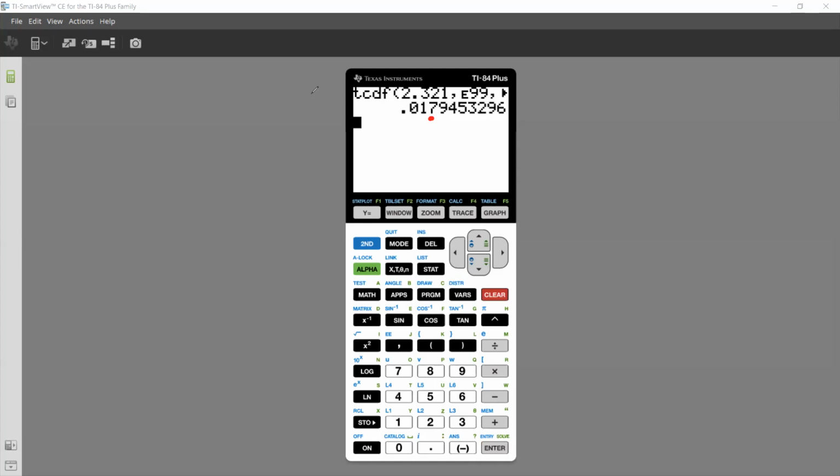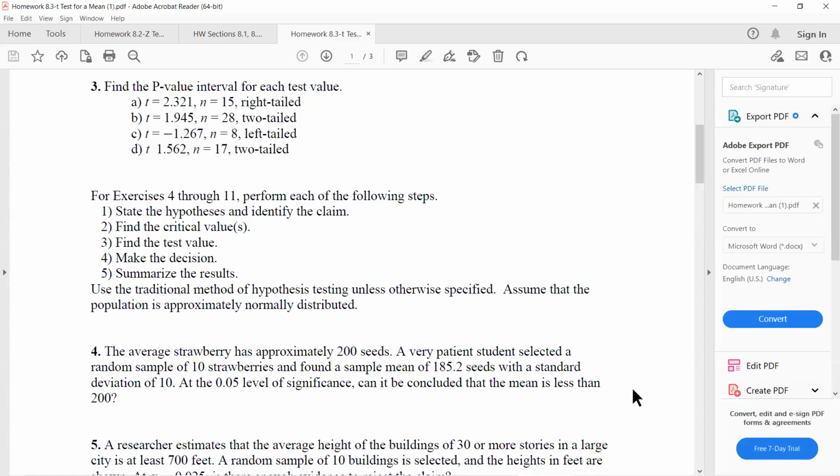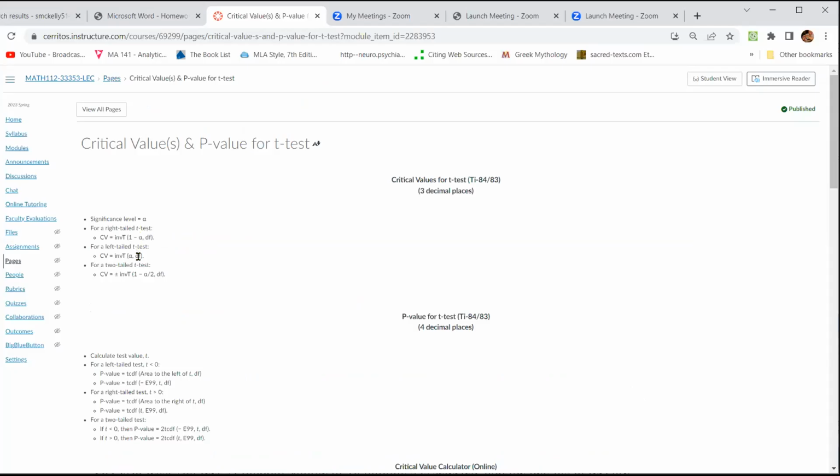The next part says T is 1.945, N is 28, and it's two tails. Two tails, we haven't done too much with, so I'm going to show you that. Two tails is going to follow the second.